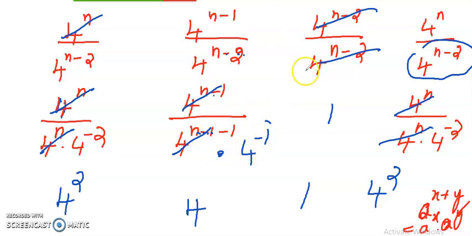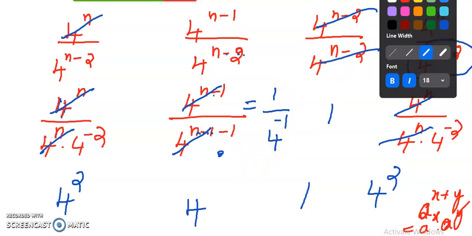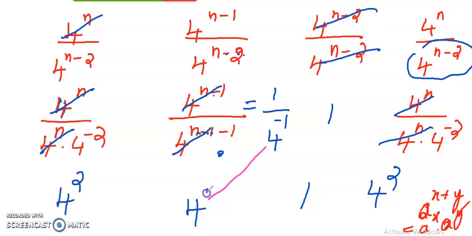After cancelling you have only 1 by 4 power minus 1. So you can take this to the numerator so that you get the next step, that is 4. 4 power minus 1, when it goes to the numerator, becomes 4. Here also, this is 1 by 4 power minus 2. When 4 power minus 2 goes to the numerator it is 4 square. So here it is 1 because of eliminating.